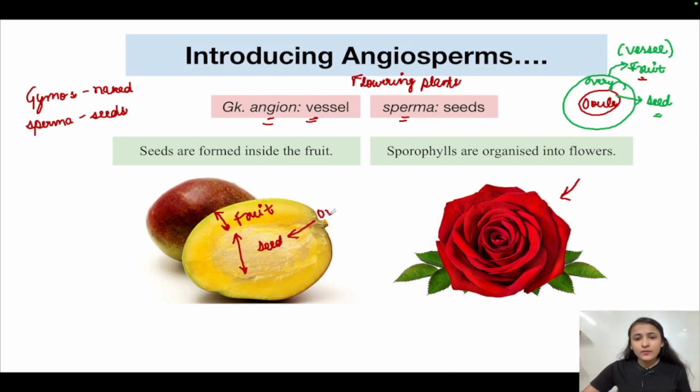And how is the fruit wall made? When the ovary wall post fertilization turned into the fruit wall. So this is an introduction about angiosperms. This is the basic foundation which should be clear in your head in order to study further about angiosperms.